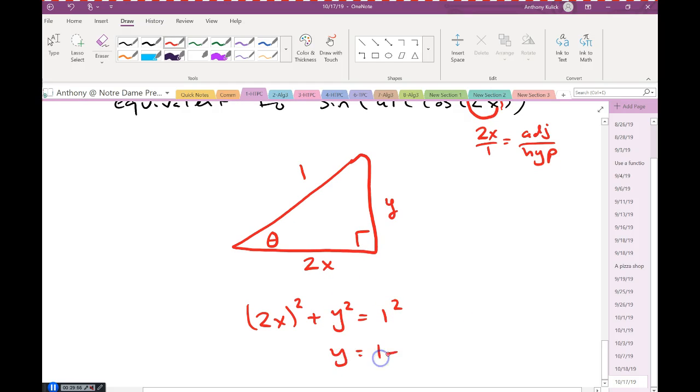So when I subtract 4x squared from both sides, I get this. And when I square root both sides, I get the square root of 1 minus 4x squared. Is everybody okay there? Sure.